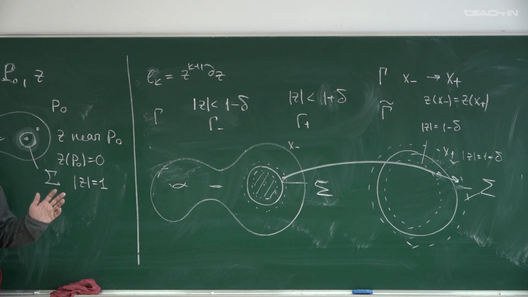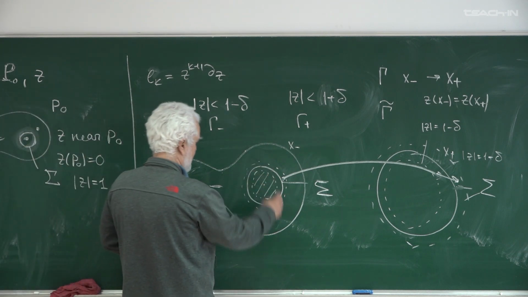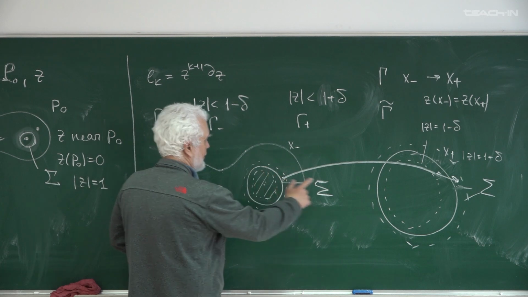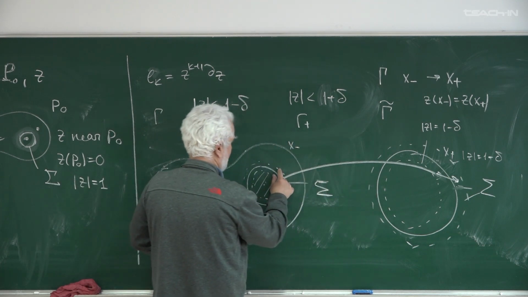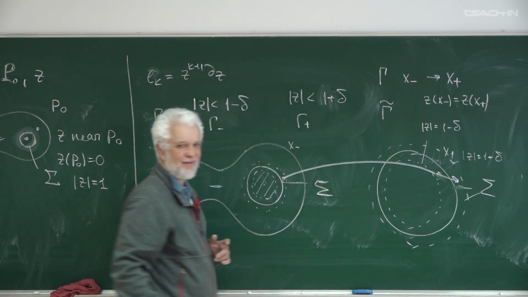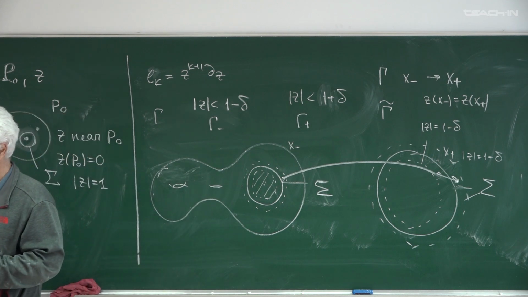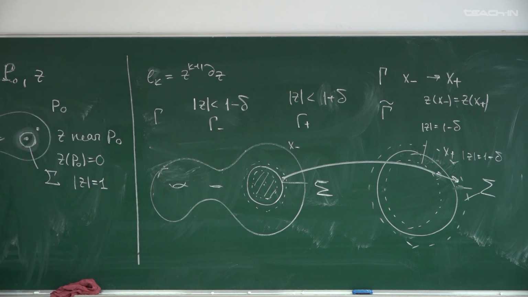And there will be overlap, yes? When we glue, since our hole is smaller than our patch, we have some overlap. You have this area. This area is glued to this area, you see. If you put a patch, you have some overlap, you agree?